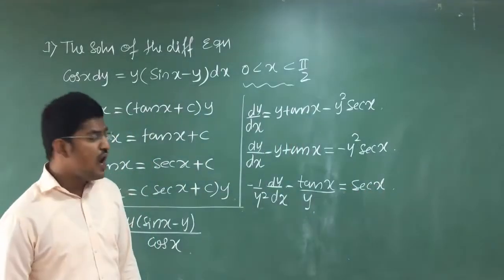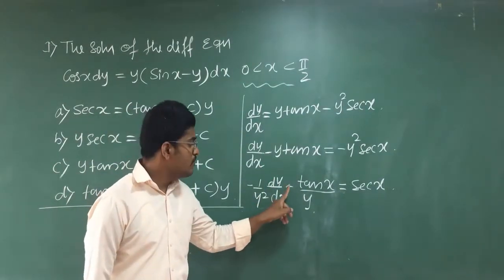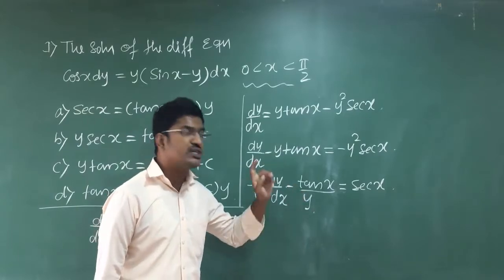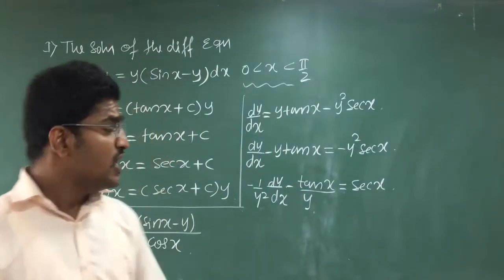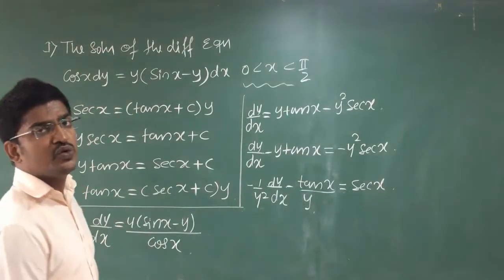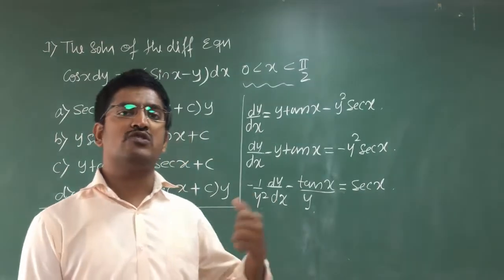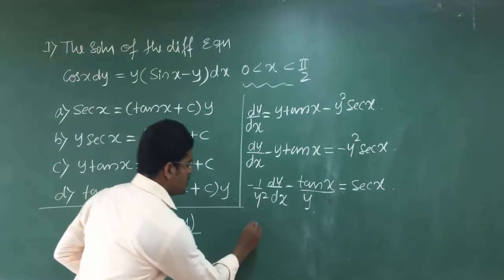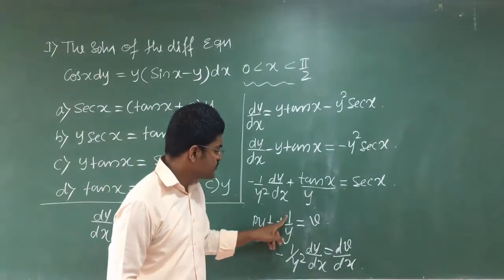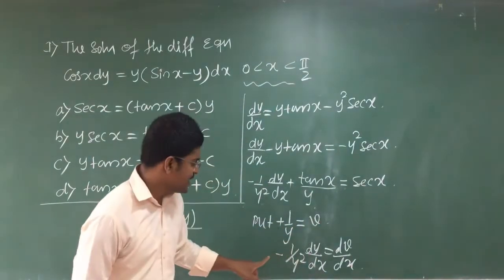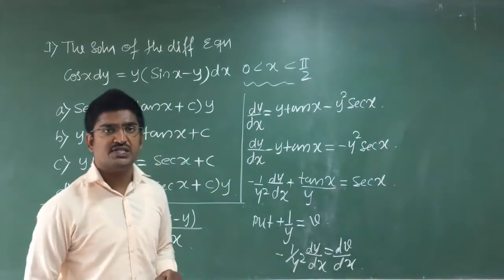So minus 1 by y square dy by dx minus 1 by y into tan x equal to sec x. Here, as explained in the previous problem, you have to substitute plus 1 by y equal to v. If I put 1 by y equal to v, you will get minus 1 by y square dy by dx equal to dv by dx.